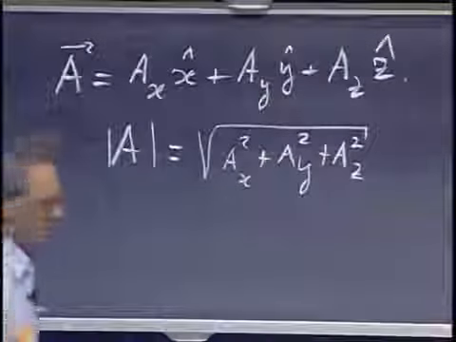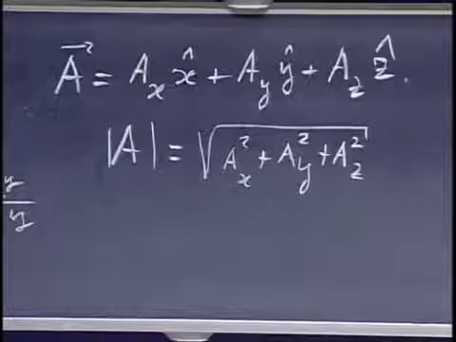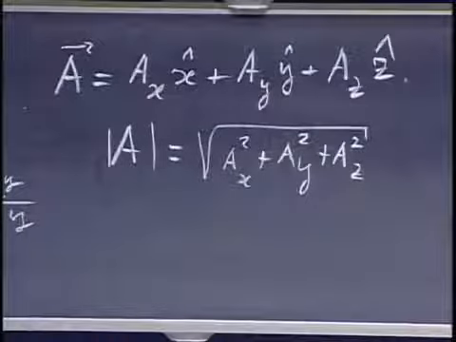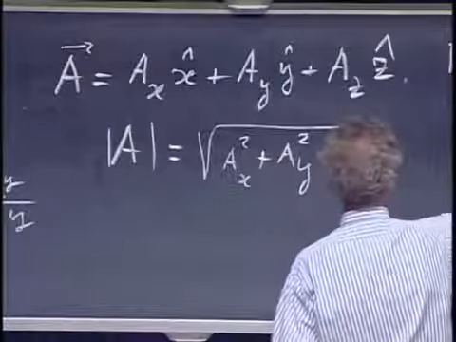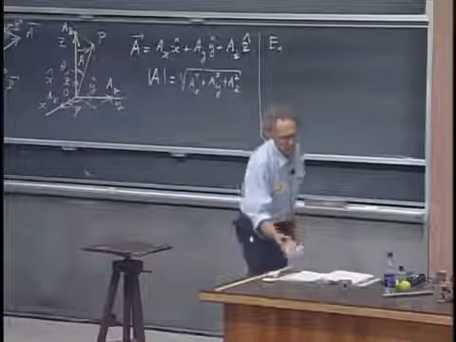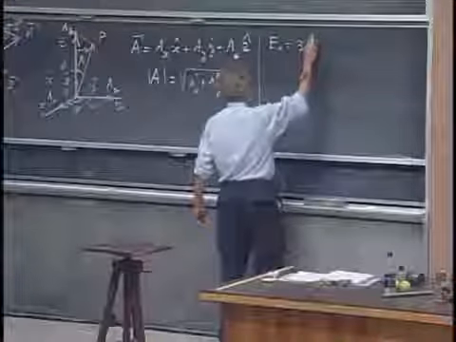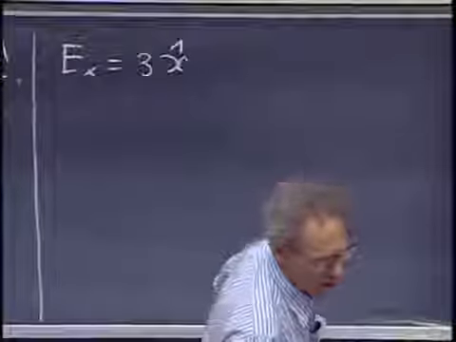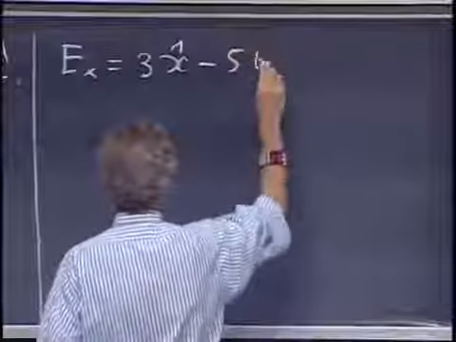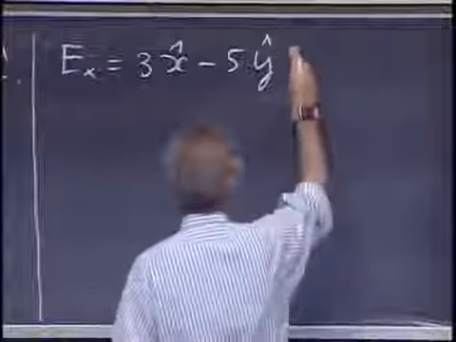And so we can take a simple example. For instance, I take a vector A. So this is just an example to see this in action. And we call A 3x roof, so A of x is 3, minus 5y roof plus 6z roof.